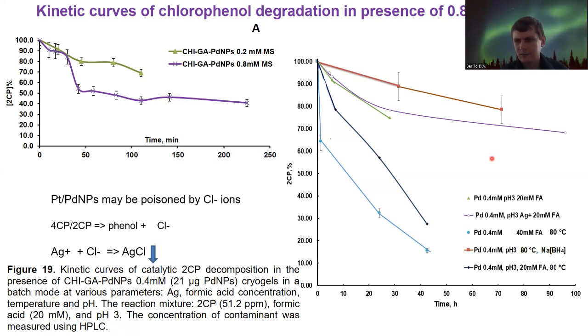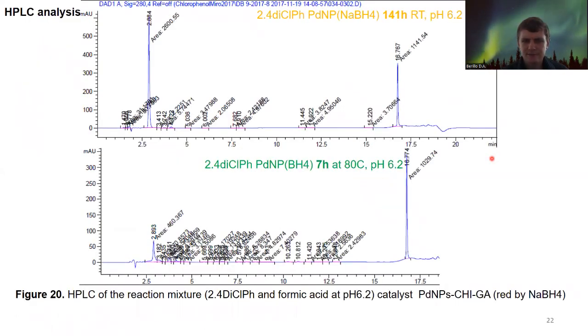So when we increased temperature up to 80 centigrade, we observed a significant increase of conversion of the reaction. However, it was not completed. So this is HPLC data.